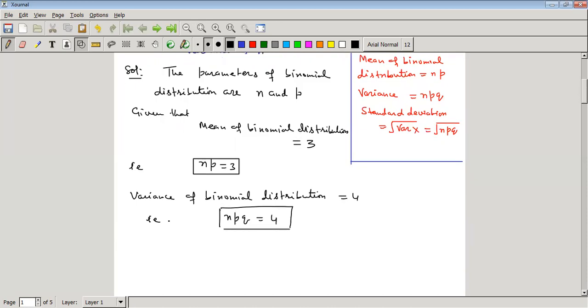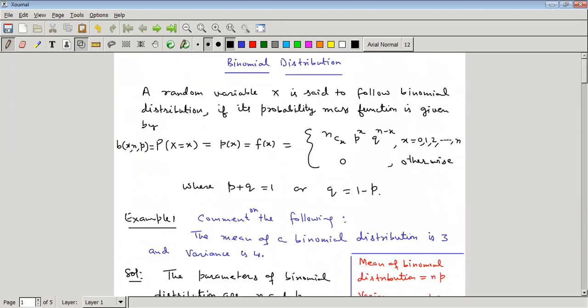And here from variance, we find q is equal to 4 upon np. And what is n into p? It is the mean, so we can write this as 4 upon 3. And 4 upon 3 is 1.33, which is greater than 1. So in binomial distribution, we have the condition that p plus q must be equal to 1.